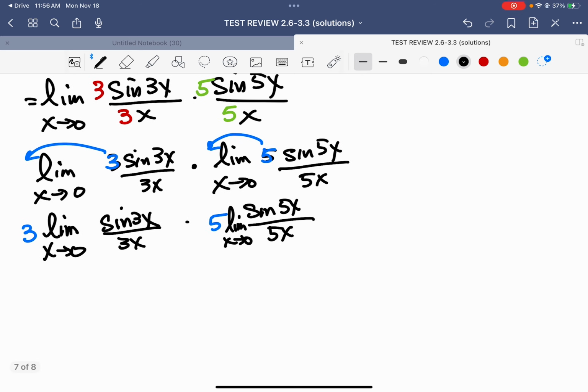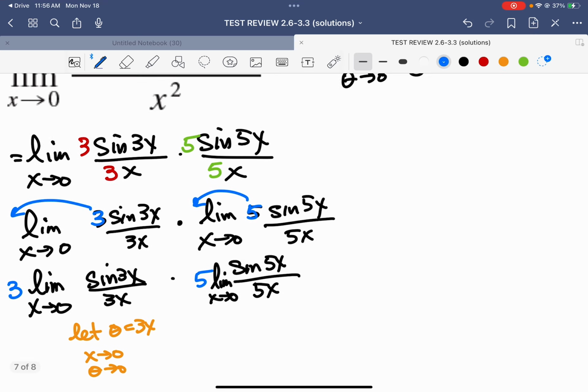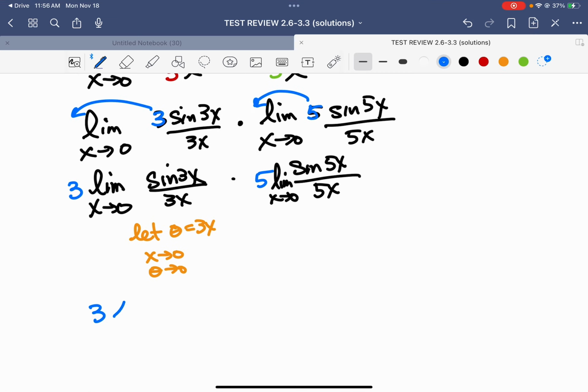But guess what? For this first one, I'm going to let theta equal 3x. And notice that as x goes to 0, theta goes to 0. So I can rewrite the first one as 3 times the limit as theta goes to 0 of sine of theta over theta.